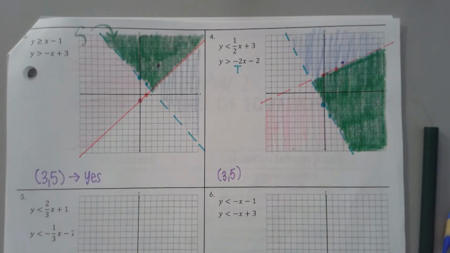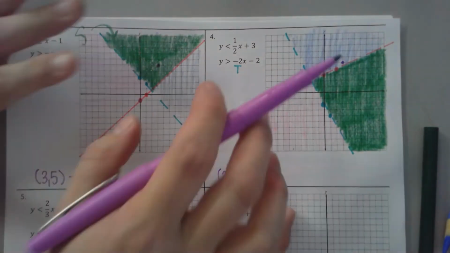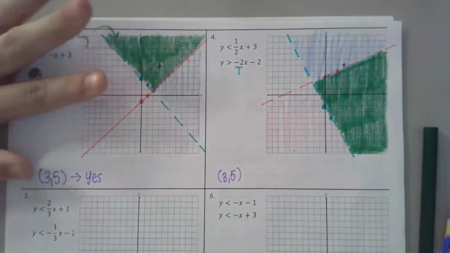What about the point 3, 5? No, it's really close, but close does not matter. It's a no.